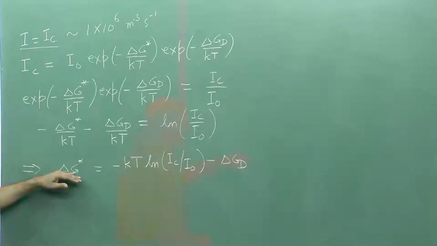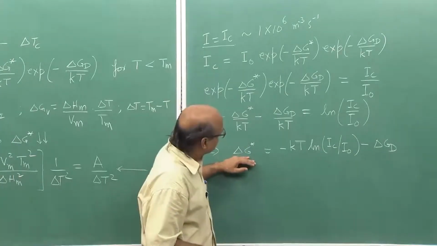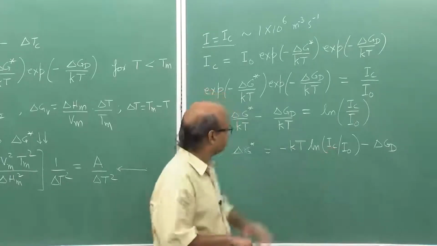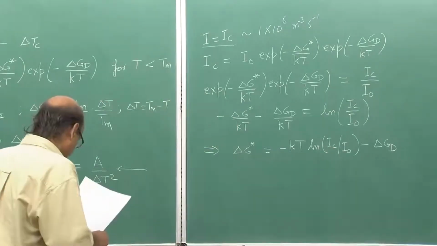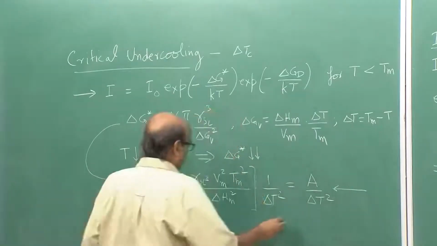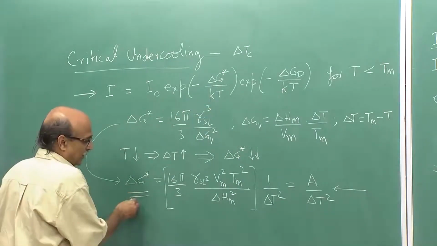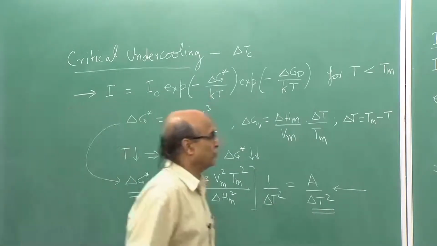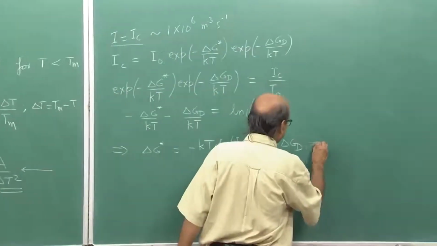So, this gives me an expression for delta G star in terms of the critical cooling rate. But we already have an expression for delta G star in terms of the undercooling from here. So, I can equate these two relationships.